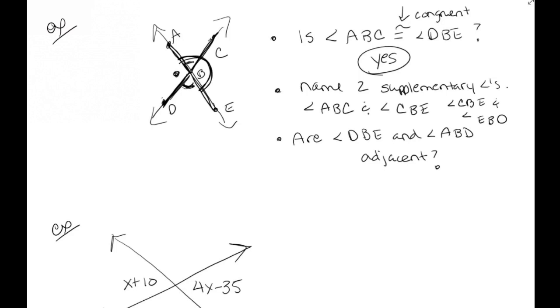Are they adjacent angles? So is this angle, I'll call it 1, and this angle, I'll call it 2. Are they adjacent angles? And the answer is yes, because they are sharing the same side and the same vertex.